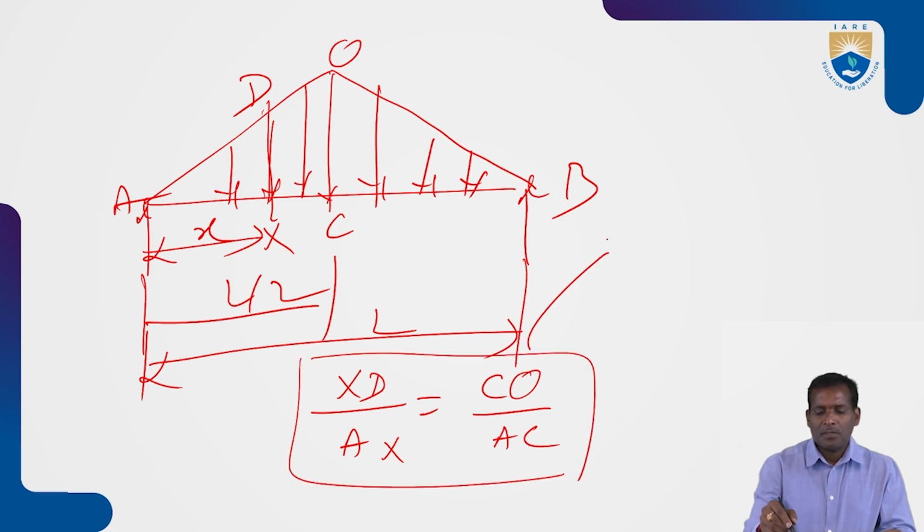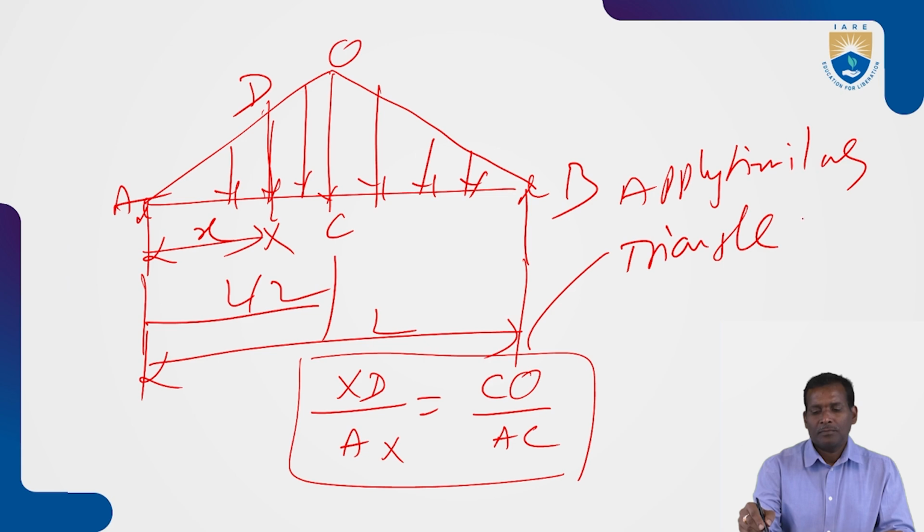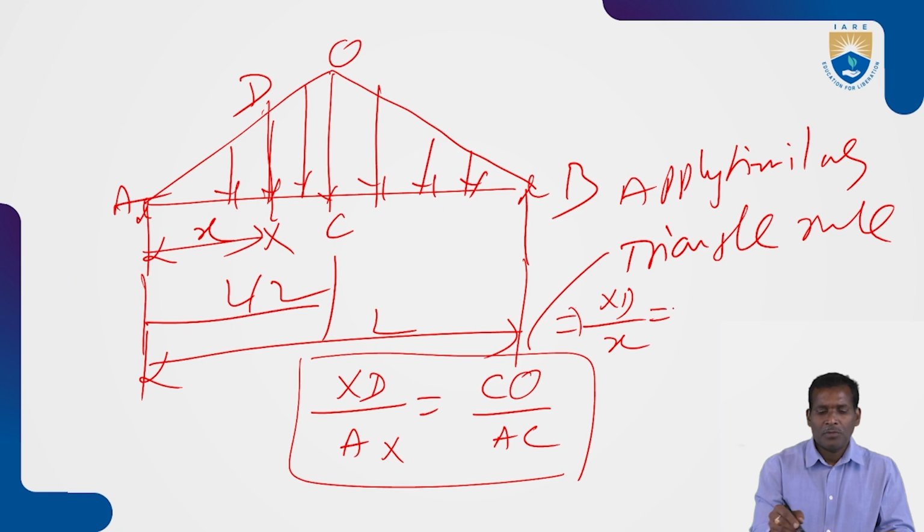Apply the similar triangle rule. Now substitute: XD we don't know and need to calculate, AX is equal to X, CO is equal to W, and AC is equal to L by 2.